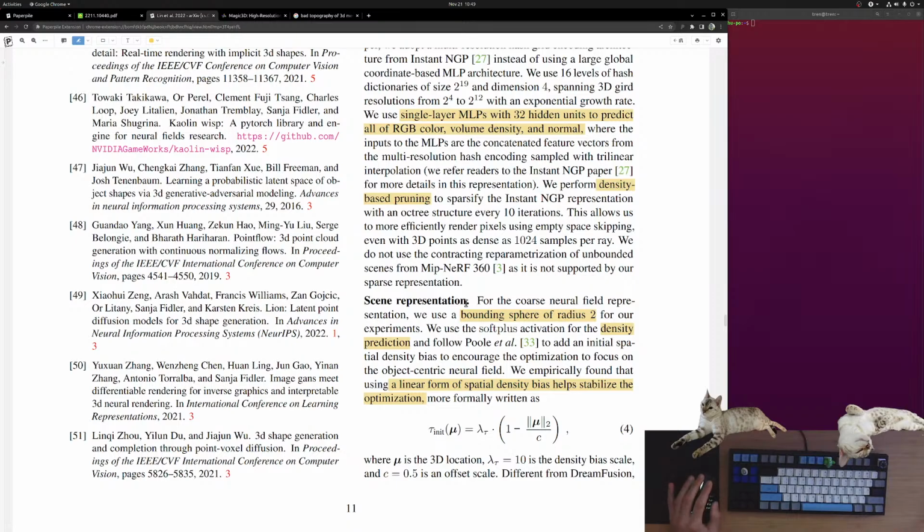You can almost think of it like it's modeling the probability of an object existing in that space, almost like a wave function, in a weird hand-wavy way. But they're saying that when you initialize this density prediction, you can add a bias.